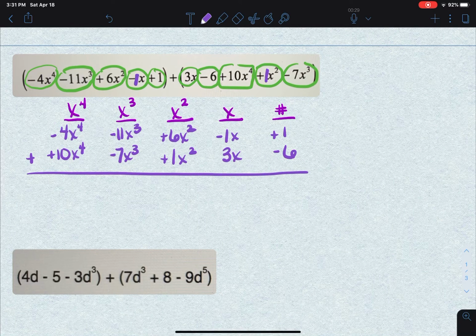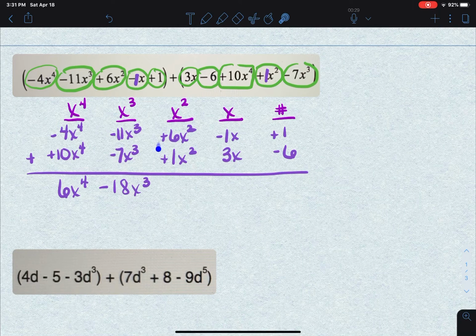Okay, and I'm going to draw a line now, and I'm going to start to get my total. So in this first column, negative 4 plus 10 is going to be 6. So 6x to the 4th. Now, if I total this column, negative 11 plus negative 7 is negative 18.